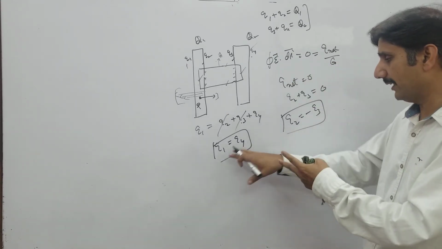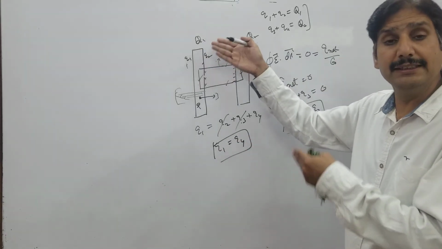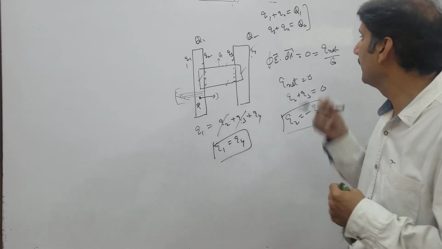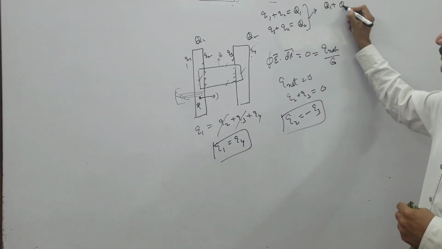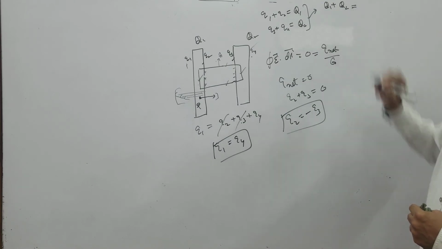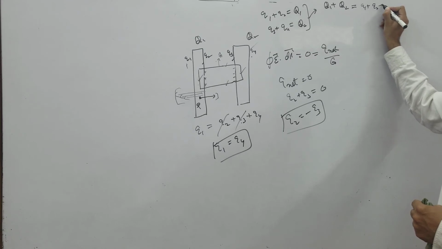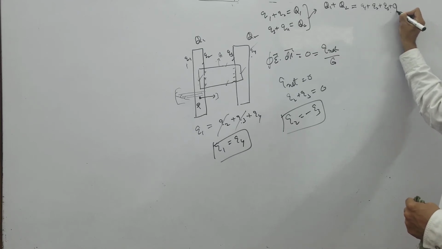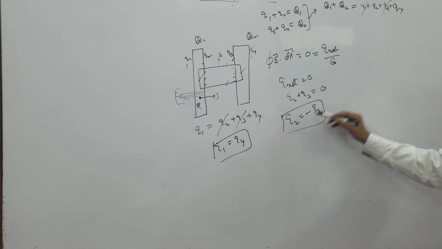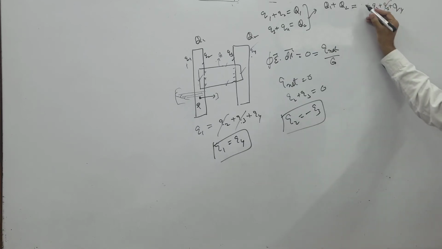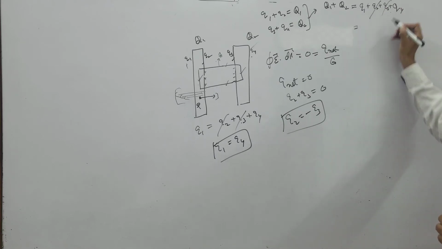Now, what are the relations of Q1, Q2, Q3, Q4 with respect to capital Q1 and Q2? To do that, you can add these two equations. Q1 plus Q2 is equal to Q1 plus Q2 plus Q3 plus Q4. But Q2 and Q3 are equal and opposite, and Q1 and Q4 are equal.